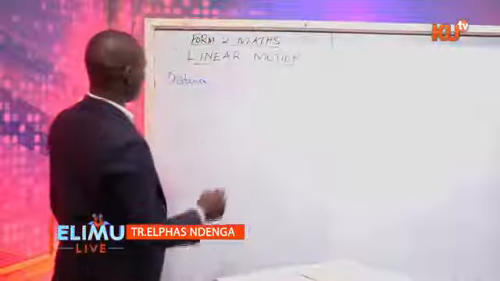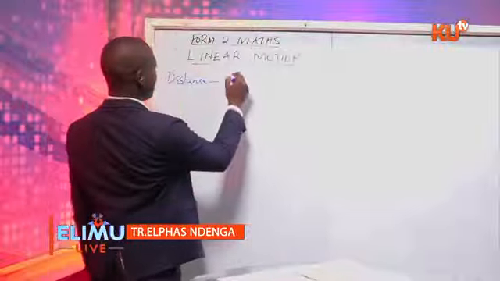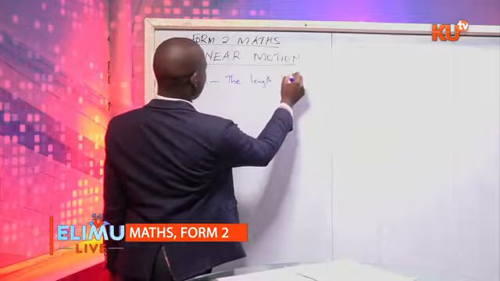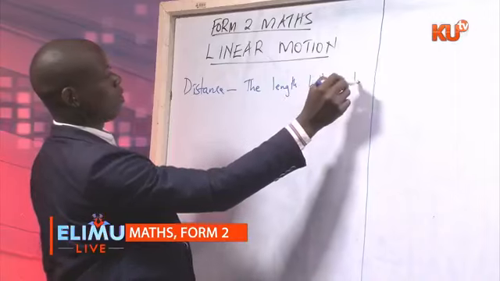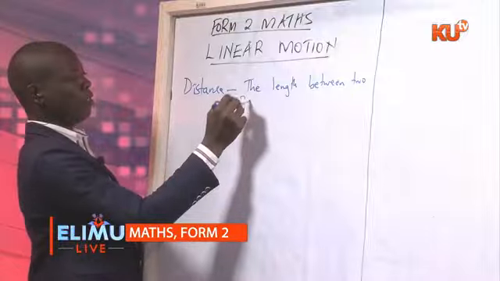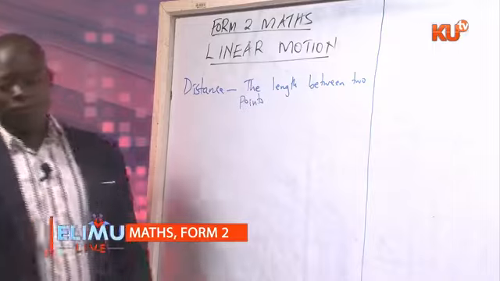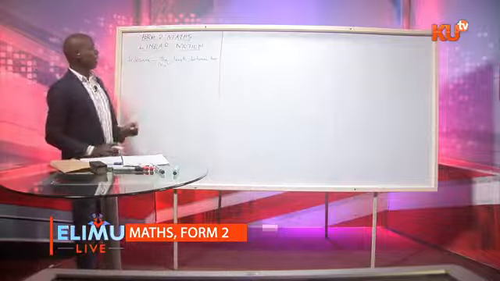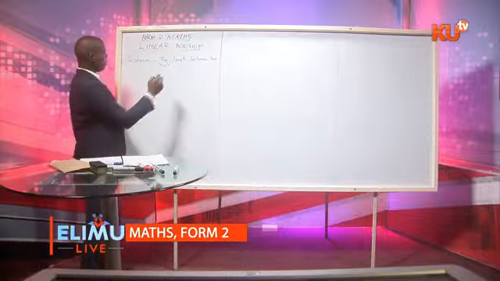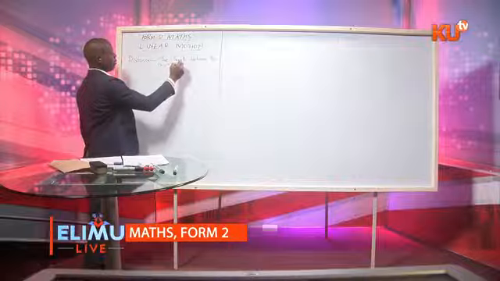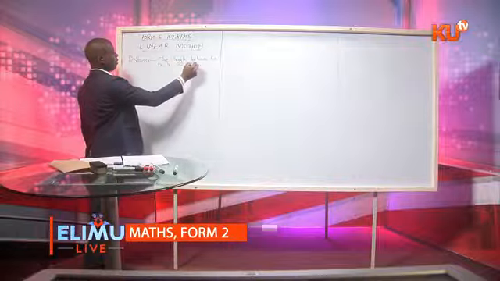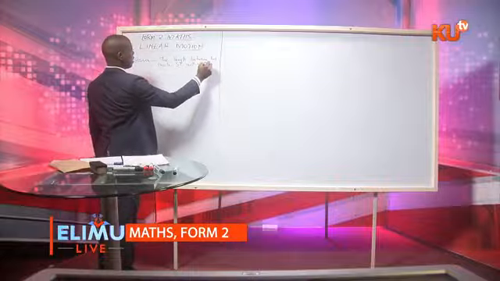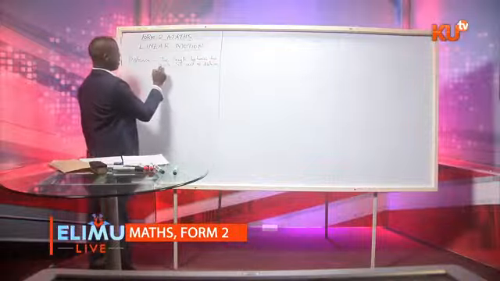When we talk of distance, it simply means the length between two points. And when you're discussing length as a unit in linear motion, we need to understand that the SI unit of length, the SI unit of distance, is meters.